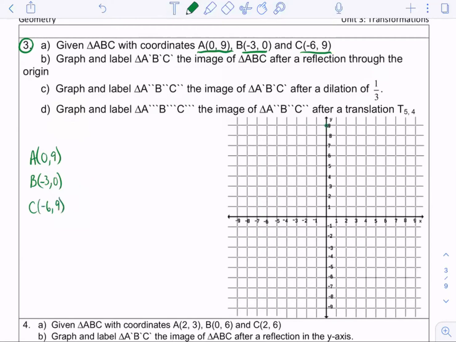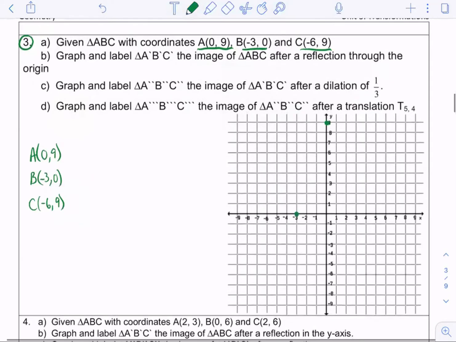So A is 0, 9, B is -3, 0, and C is -6, 9. So here is, maybe I could use some straight lines. So this is my original coordinate. A, B, C. My pre-image, the start.